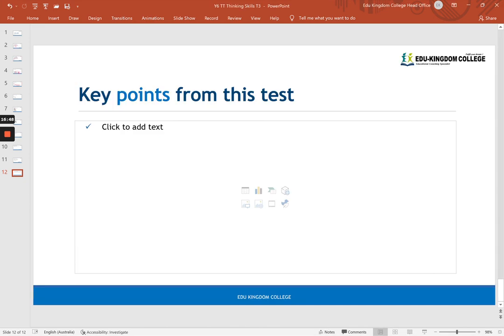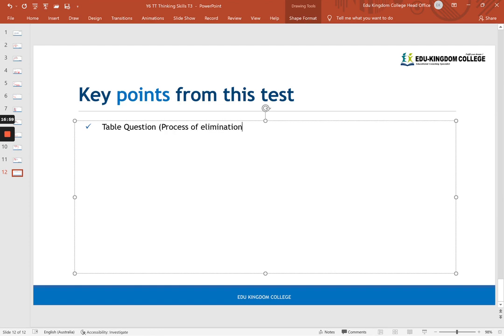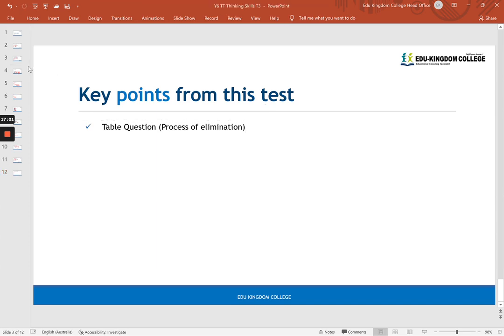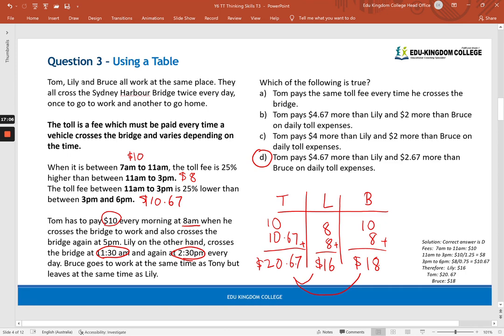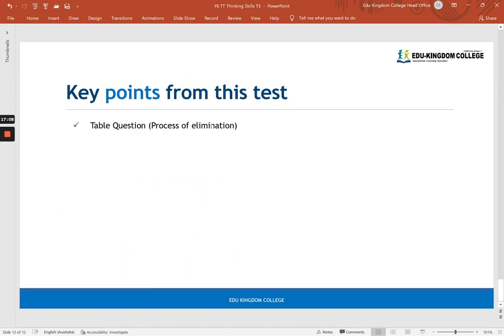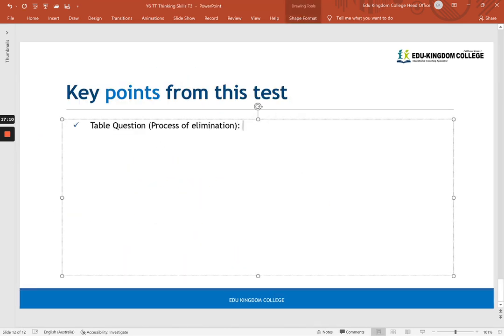So key points in this test. I'm going to talk about the table question, okay? Remember the process of elimination, question 1 and 2. For these questions, I want you to not be afraid, okay? To just guess and check, okay? Use one of the statements.